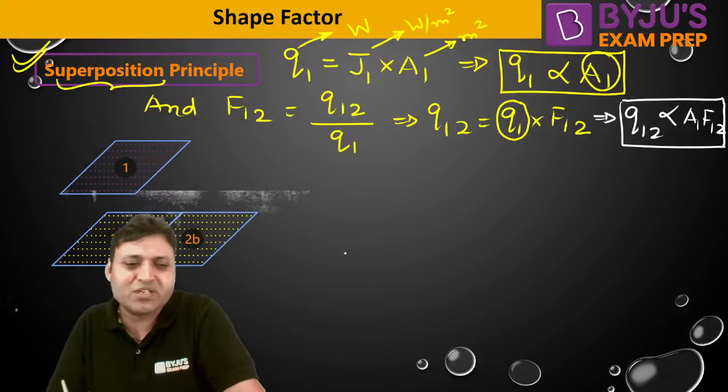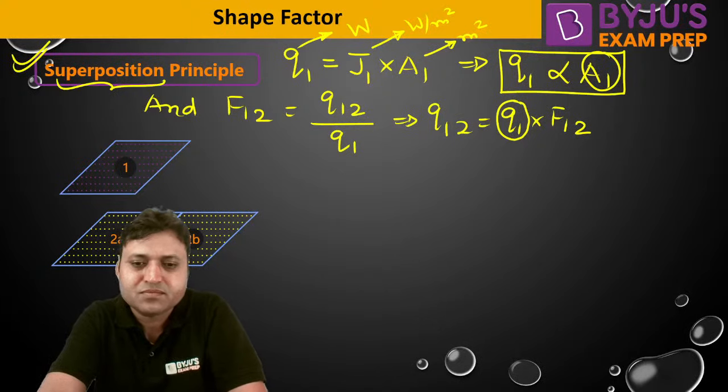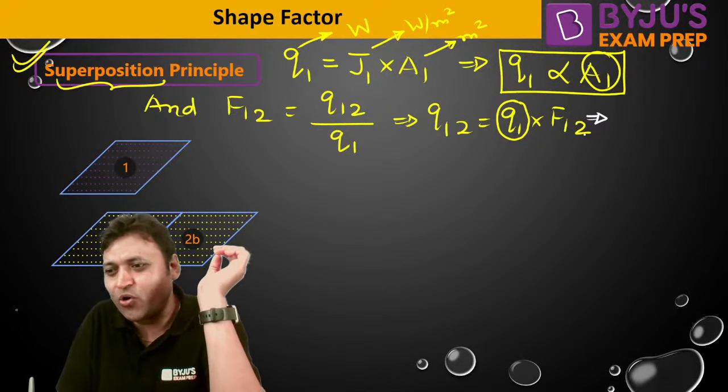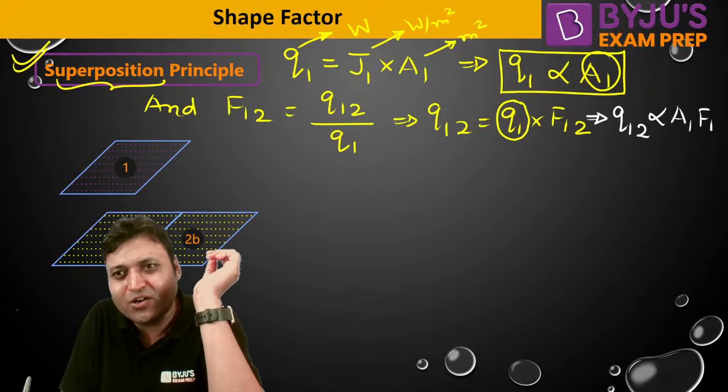Q1 to 2 is proportional to A1 into F1 to 2. Is this clear or not? Do you guys agree or not? Please write yes or no. So we can say Q1 to 2 is proportional to A1 F1 to 2.